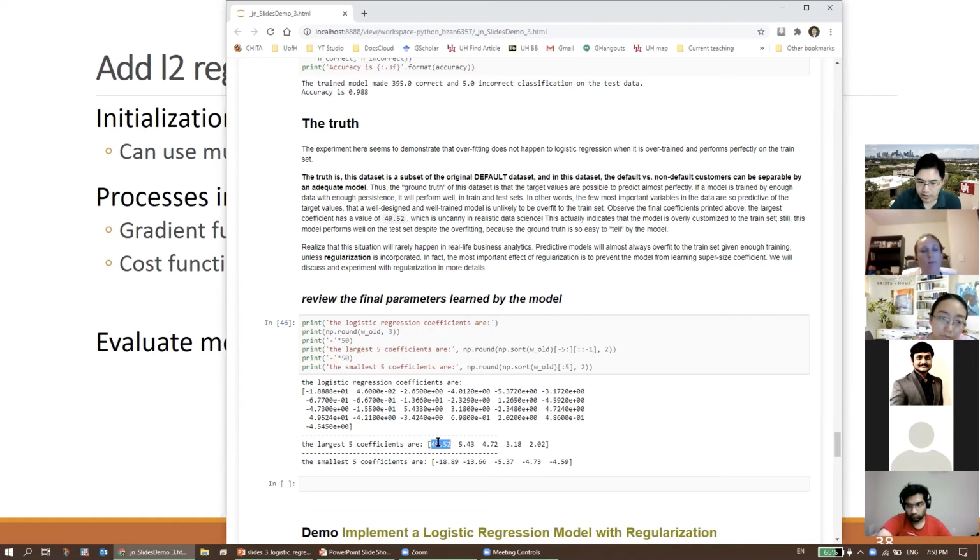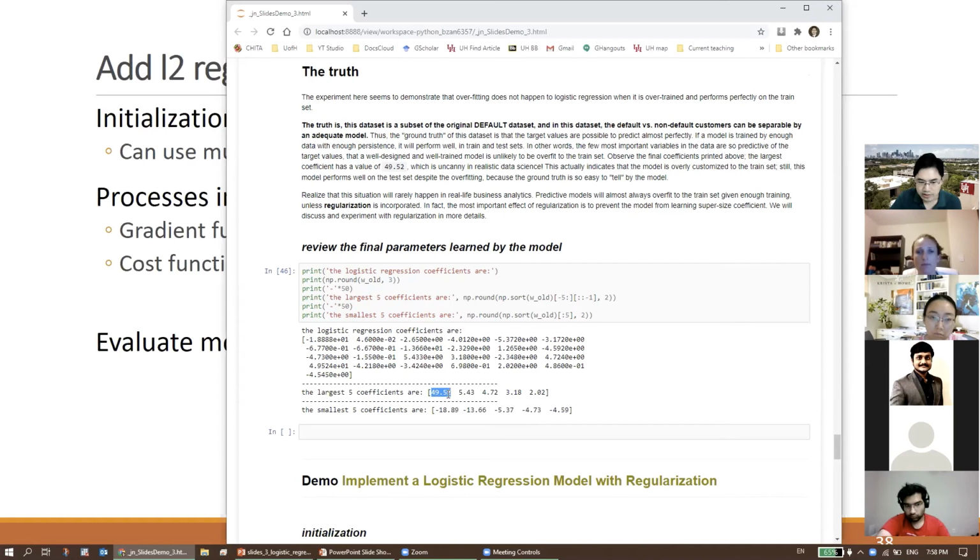This variable turns out to be the most important variable in the data to predict the label, and by design, this is the case. But the model goes too far. The model played this trick by increasing this weight so much that it tries to get perfect classification. But doing this will risk the test set performance.